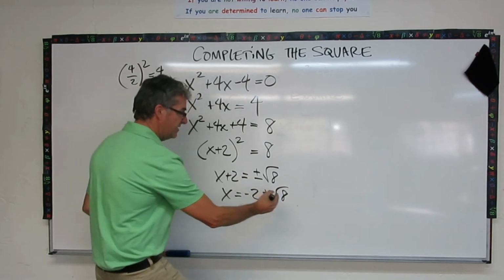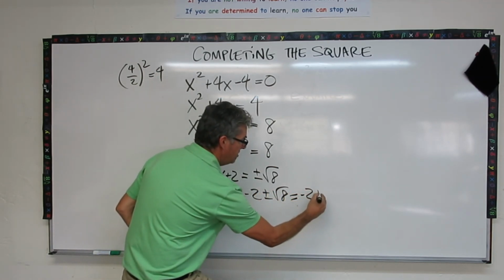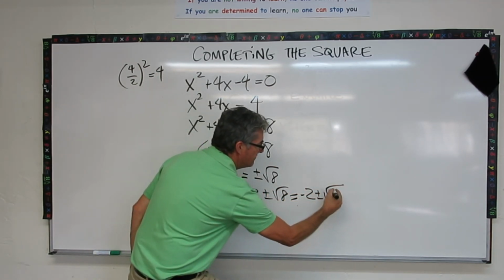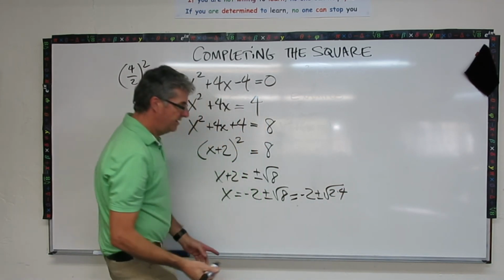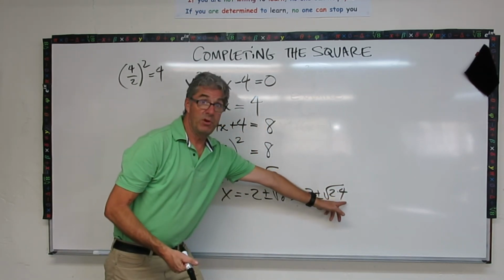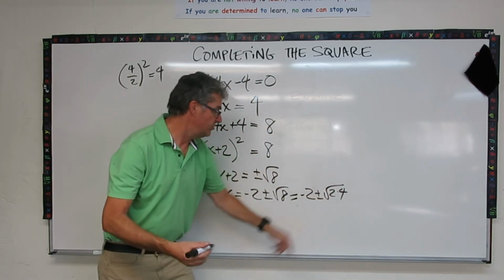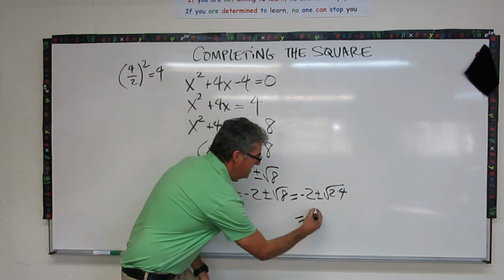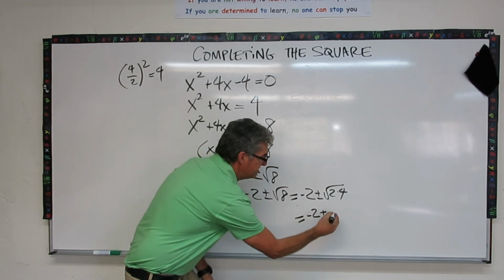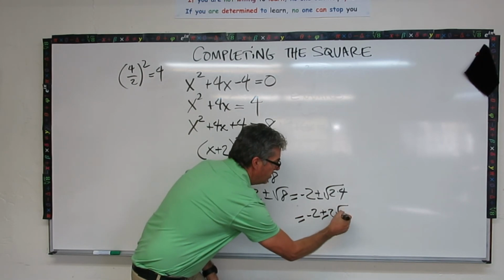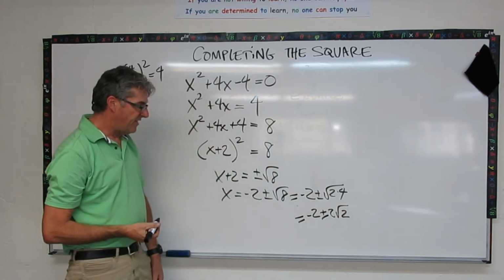So we can rewrite this as -2 plus minus the square root of 2 times 4. And now we know the 4 is a perfect square. It comes out as a 2. So this is going to wind up being -2 plus minus 2 root 2. And that would be our solution.